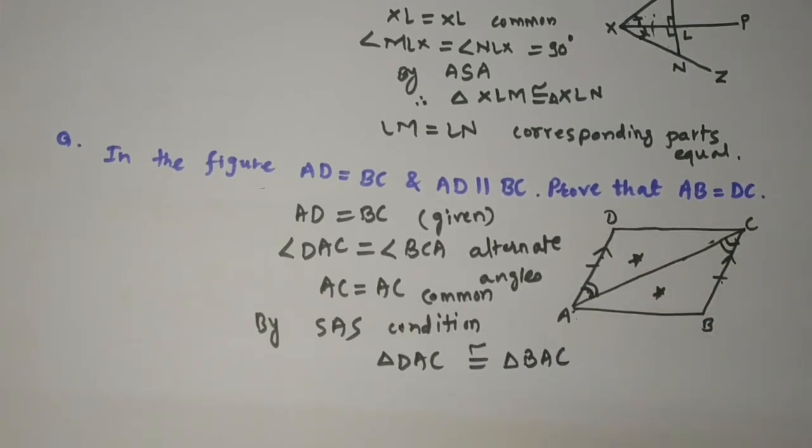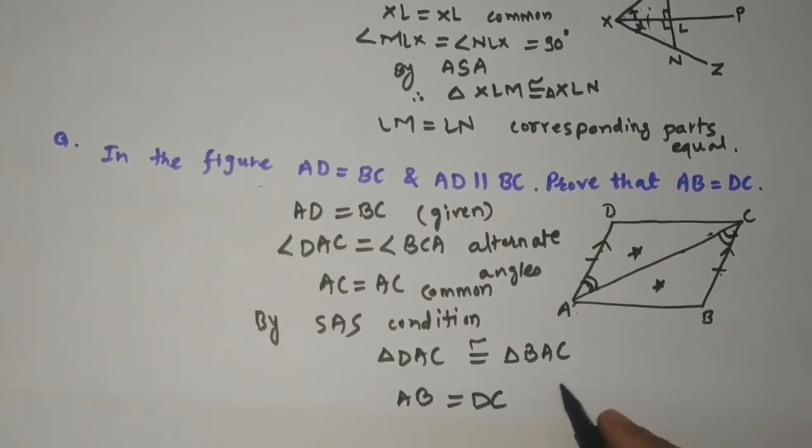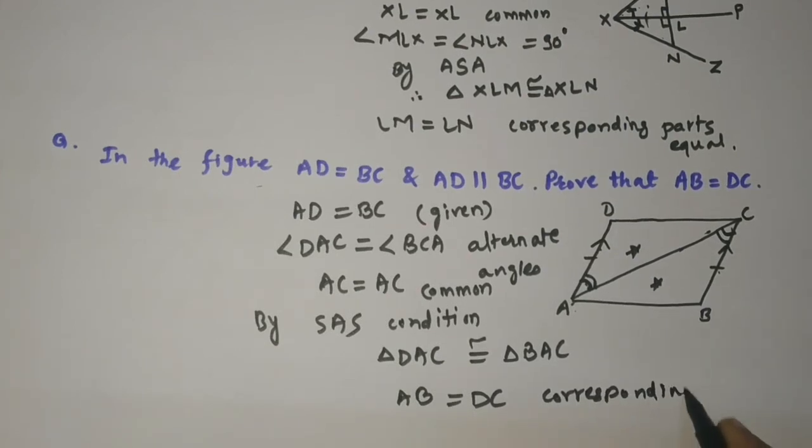And once the triangles become congruent, we can say the remaining parts and angles are also congruent. So here I can now say that side AB is equal to side DC. Reason, corresponding parts of congruent triangles are equal. Once the triangles become congruent, their corresponding parts will also be equal.